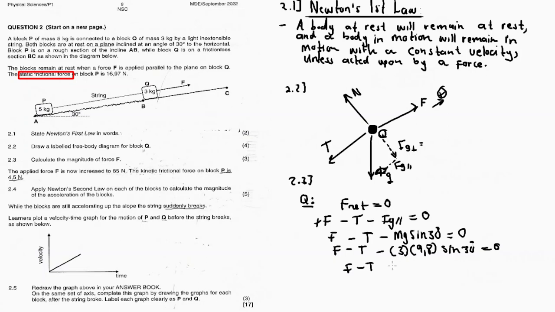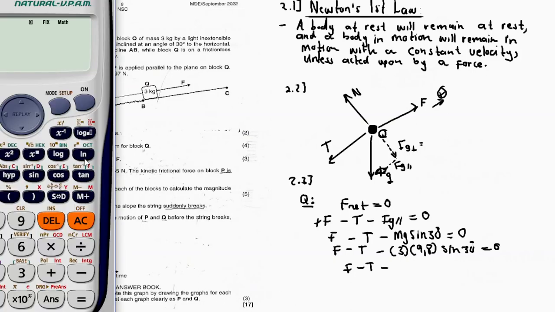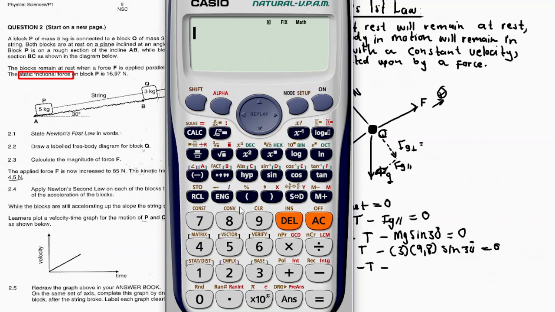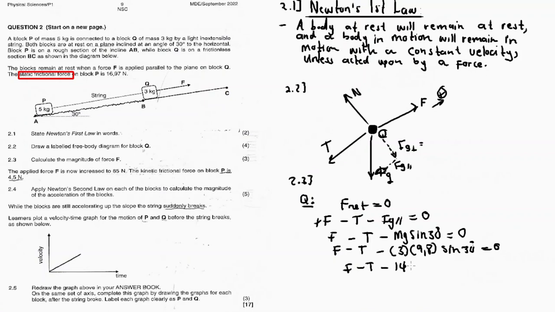F minus T minus, let me use the calculator, 3 times 9.8 times sine 30 degrees equals 14.7. So F minus T minus 14.7 equal to 0.